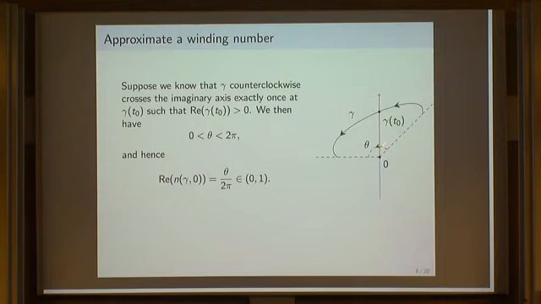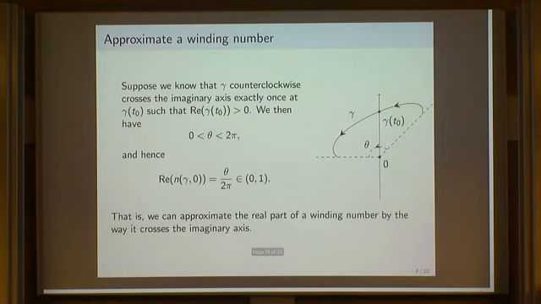In this case, by our intuition, we know that the argument change of a point traveling through this gamma should be between 0 and 2 pi. And hence, the real part of this winding number is between 0 and 1. That is, we can approximate the real part of a winding number by the way it crosses the imaginary axis.